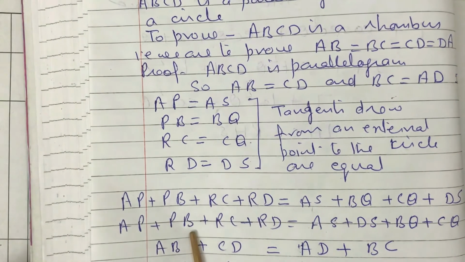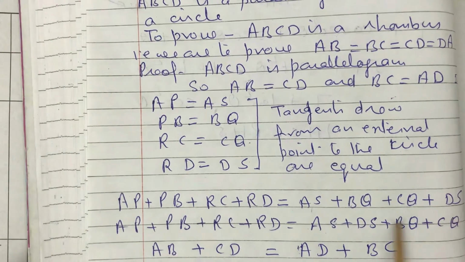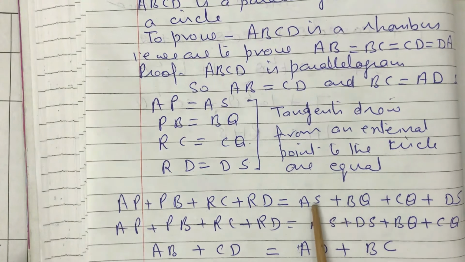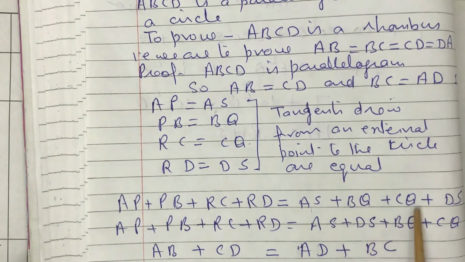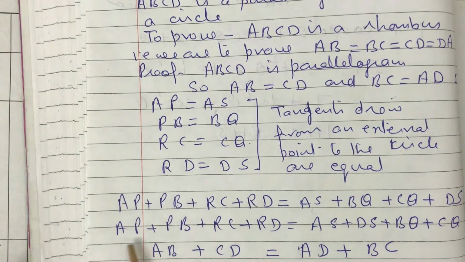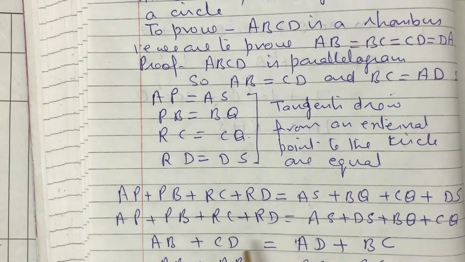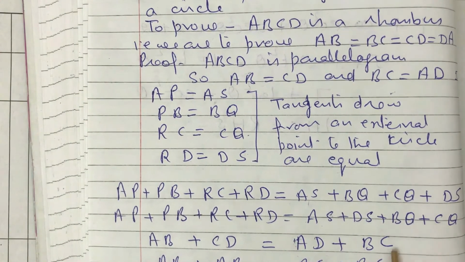Now AP plus PB, RC plus RD, AS plus DS, write DS here, combine these two here. So rearrange them, write it as AS plus DS and BQ plus CQ. Now AP plus PB is AB and RC plus RD is CD, AS plus DS is AD and BQ plus CQ is BC.